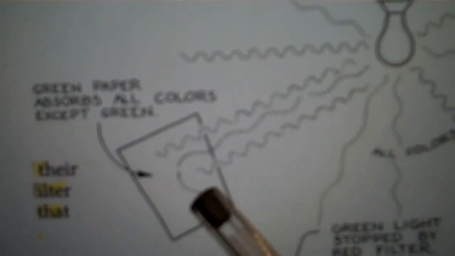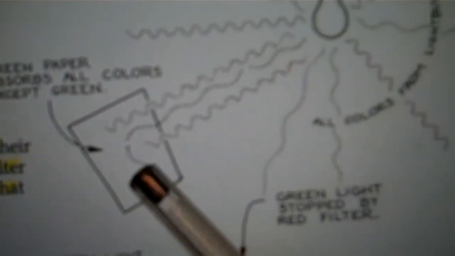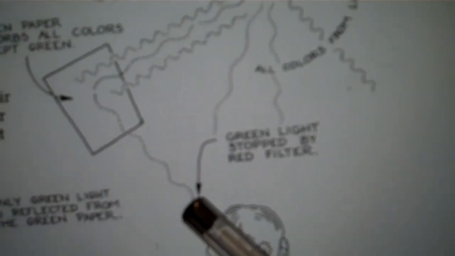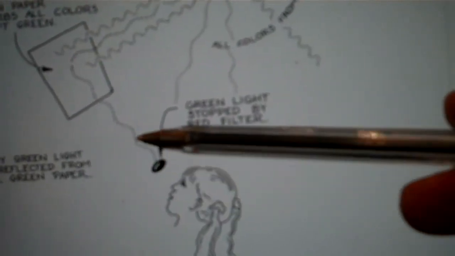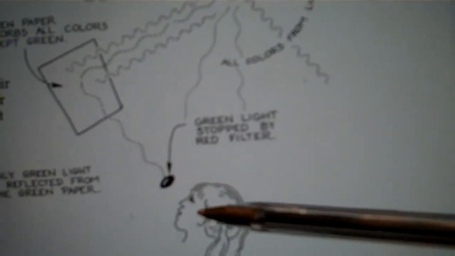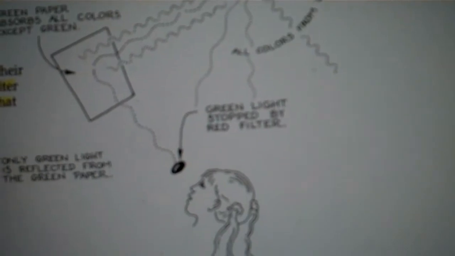So we have the green paper absorbing all the colors except green. So green light is being sent to our eyes. But if we put a red filter there, a red filter only allows red light through. And because there is no red light coming through, we see black, which is an absence of color.